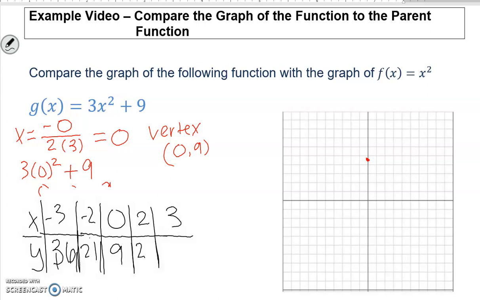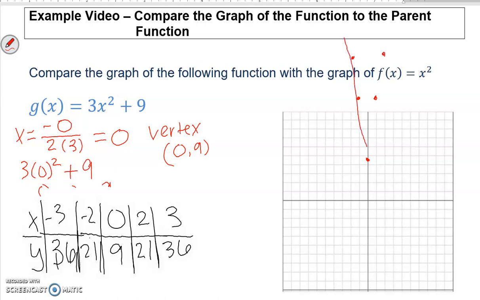Same thing with these ones. So then negative 2, 21 would be somewhere up here. And negative 3, 36 would be somewhere up here. Same thing with these points.